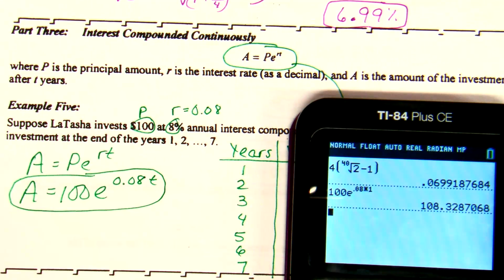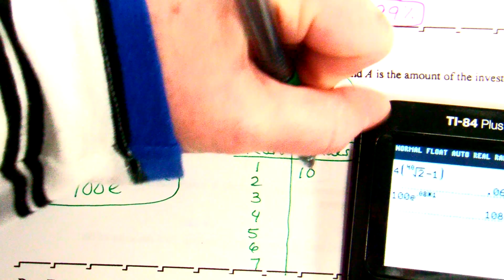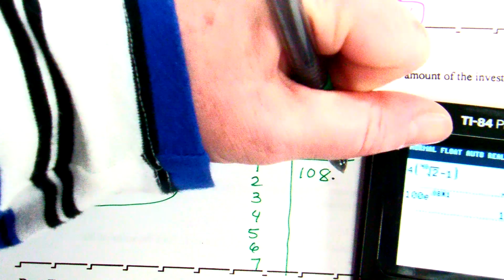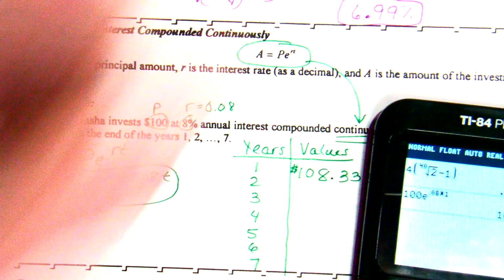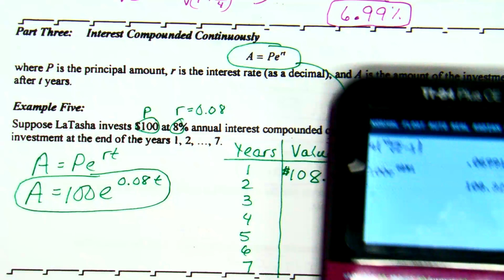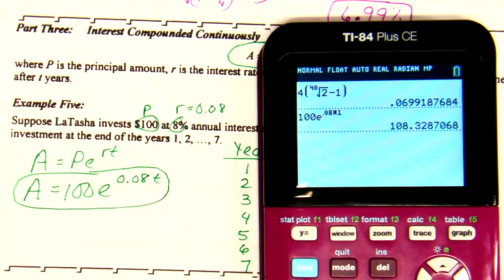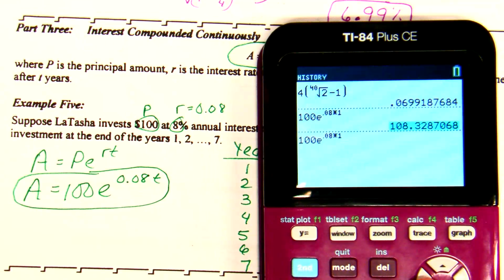If this is money, this is $108.33. Now, be smart with your calculator. Do I have to retype that equation every time? I would say go up, copy it, and just change that number.